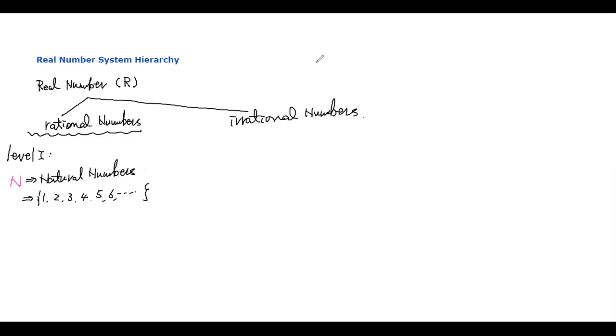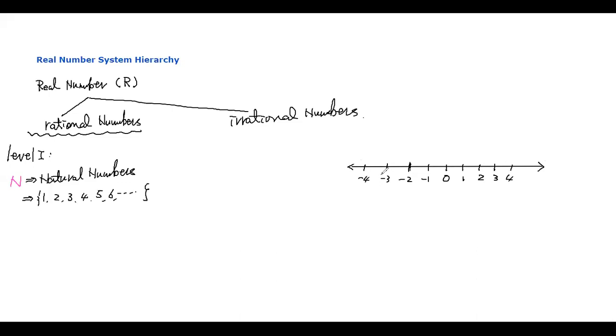If you take a look at the real number line, I think some of you are very familiar with it. It is like 1, 2, 3, 4, -1, -2, -3, -4.